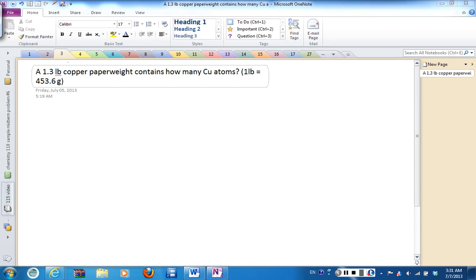First of all, what we have here is 1.3 pounds, a pretty big chunk of copper, and now we want to know how many copper atoms are in there. You can imagine this should be a pretty big number.